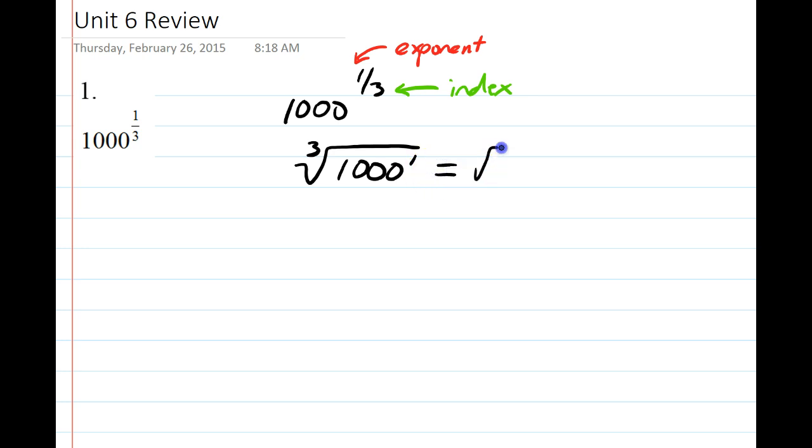And so that 1000 breaks down to 10 times 10 times 10, and so the index, the 3, tells us if a number repeats 3 times, then it gets to come out. So the cube root of 1000 is 10.